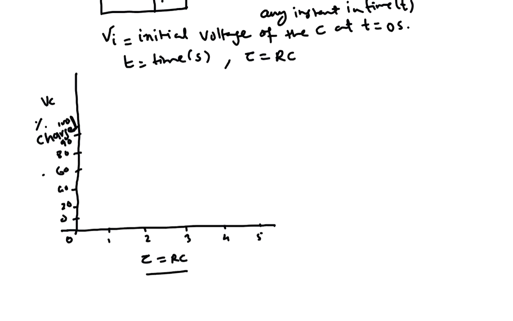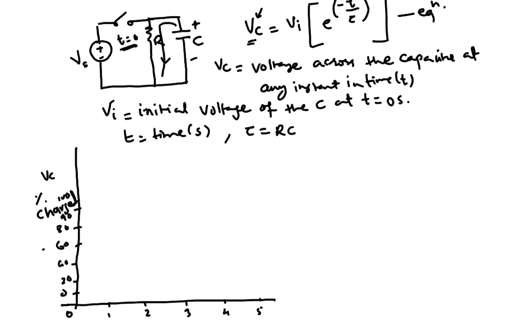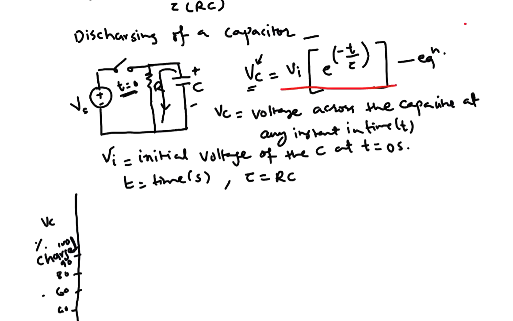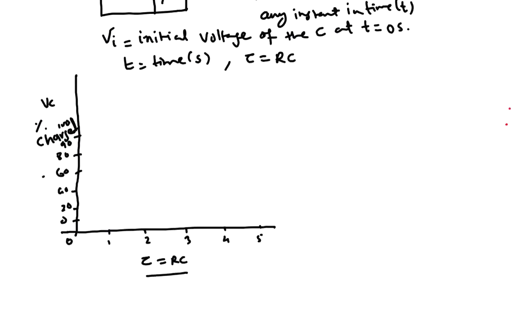Again, as you can see, this is an exponential relationship right here. So it is exponentially decreasing, unlike the exponential increase in the charging curve. So you say that it is 99.6% somewhere from here, and then it is discharging like this.